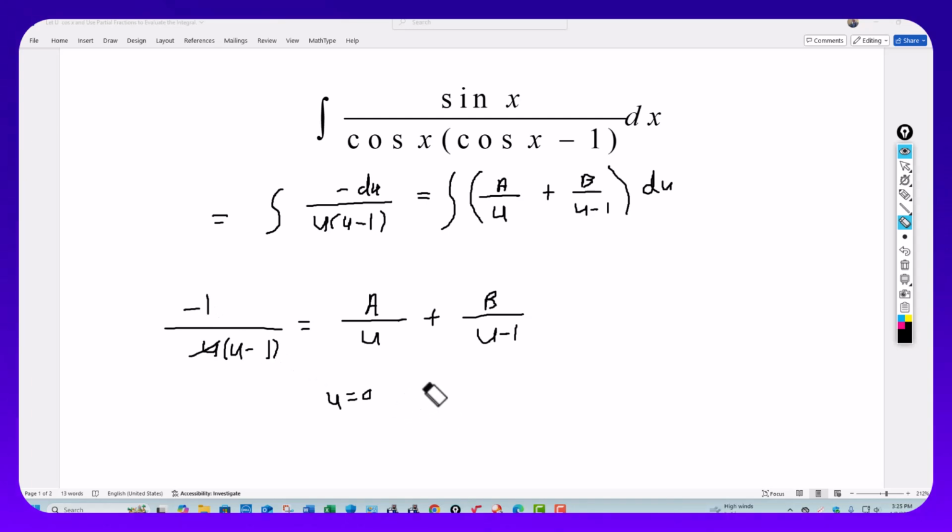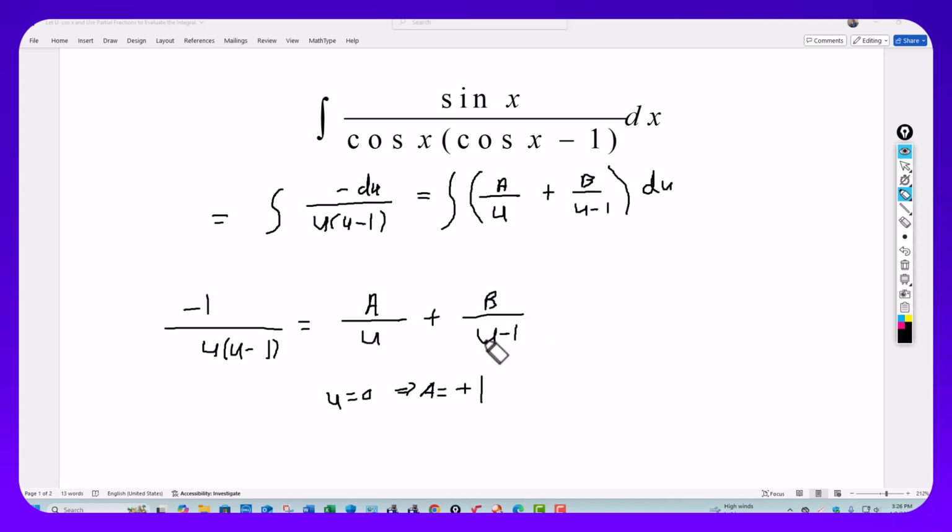So a will be +1. That's just -1 over -1. So a is +1.